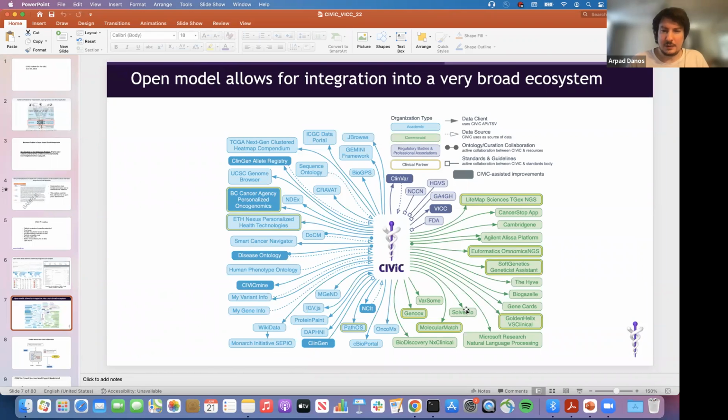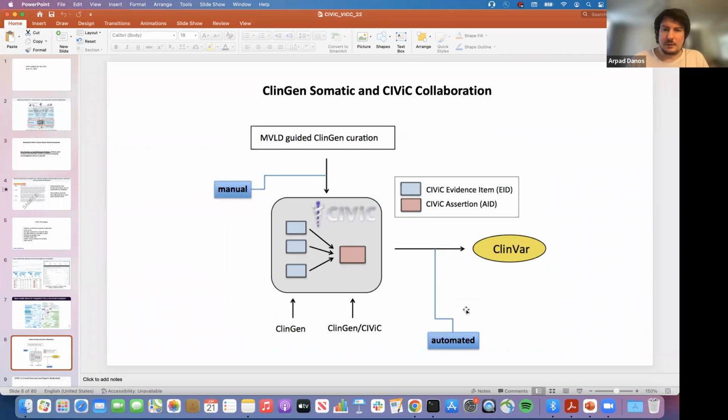But we have a lot of data clients pushing and pulling information. So we're very happy to be part of this larger ecosystem of variant interpretation and clinical cancer reporting and thinking. We also have a strong collaboration with ClinGen Somatic, where ClinGen is utilizing CIViC.